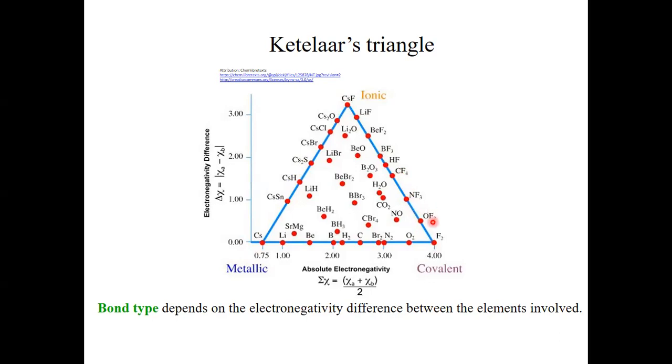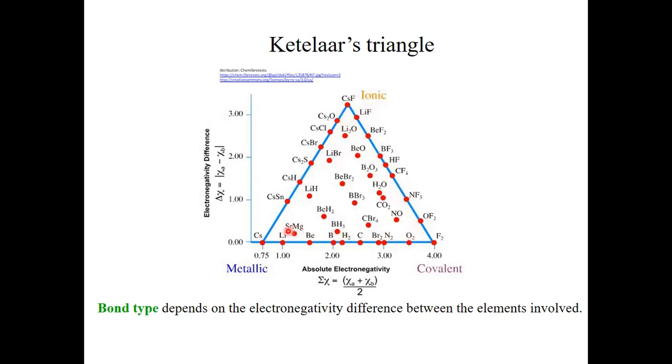So for example, OF2 would lie close to F2, while lithium fluoride would lie close to cesium fluoride, because the electronegativity difference between lithium and fluorine is much higher than that between oxygen and fluorine. All the other compounds would lie within this triangle.